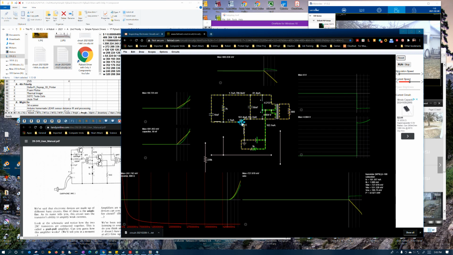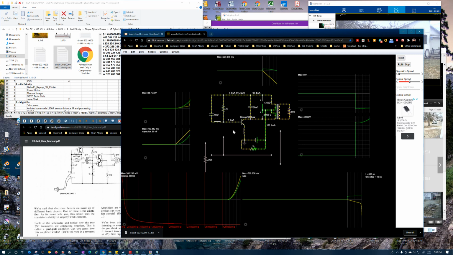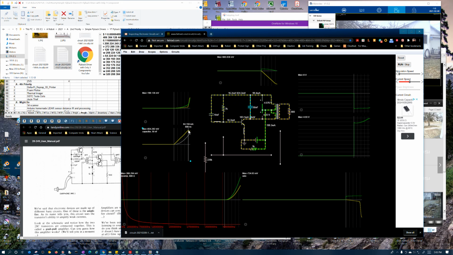I think this transistor has a beta of 100. But 2.3 milliamps, that's a lot of current to be going through that base already. But yeah, the glitch is still there. This is probably just an artifact of the simulator, I would imagine.